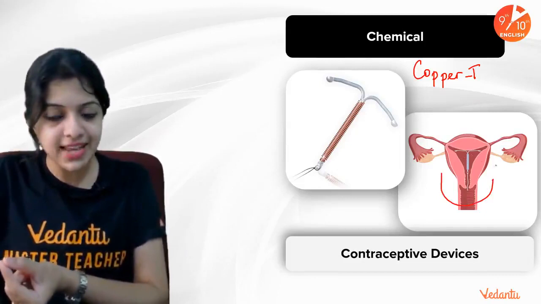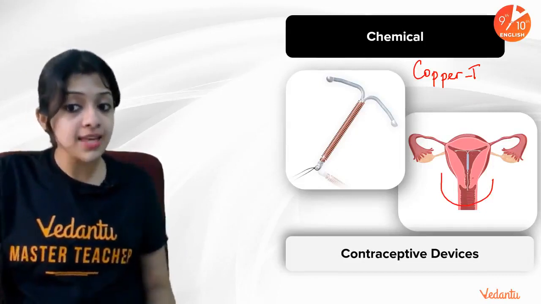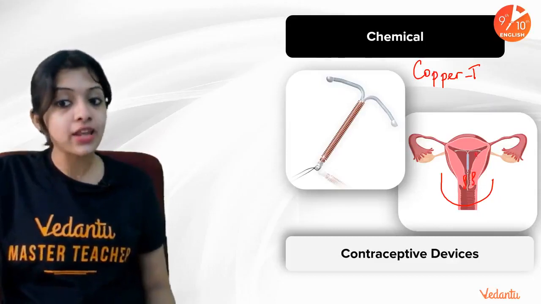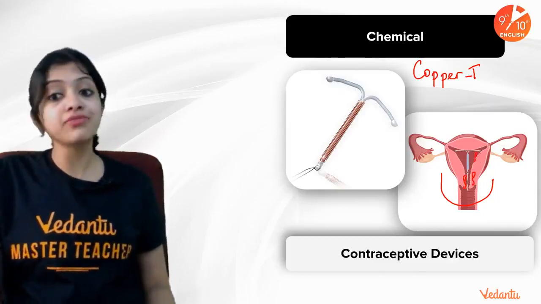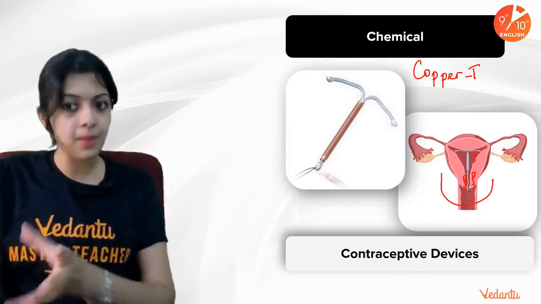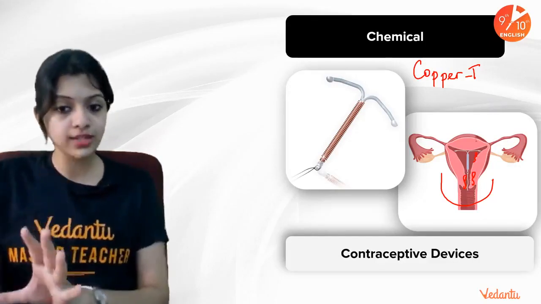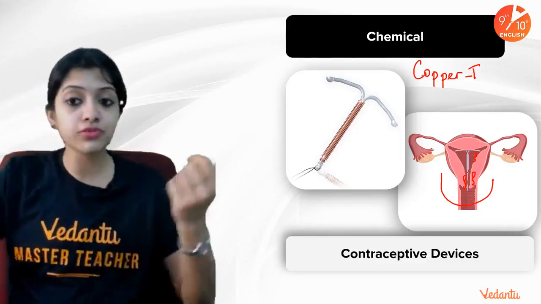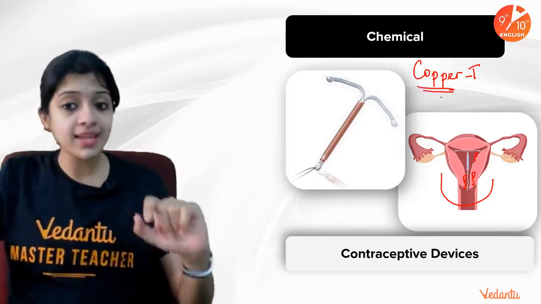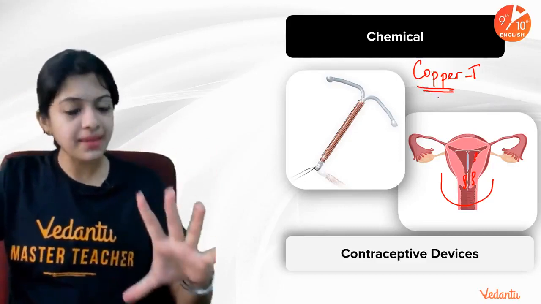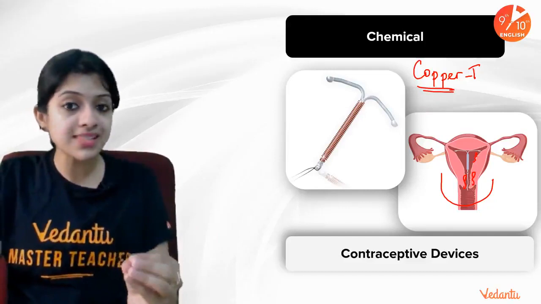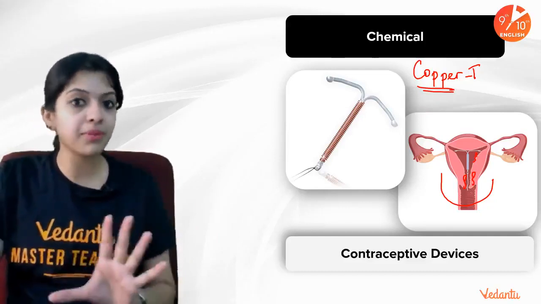It can be fit inside the woman's uterus so that even if sperms do enter during a sexual act, they cannot proceed further to meet the egg, or rather fertilization is avoided. Meeting of the sperm and egg is avoided in such a method. Another advantage of using copper in this device is that copper has certain chemical properties to destroy sperms when they enter inside the female reproductive tract.